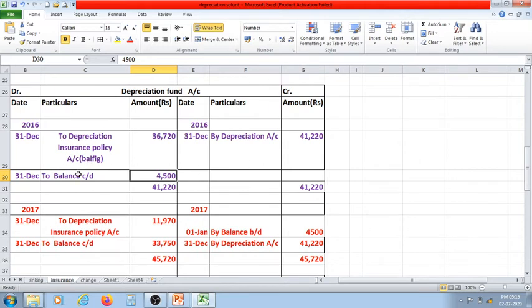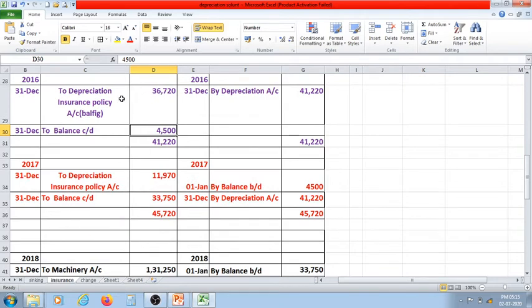So I have mentioned it is a balancing figure, so that you understand how you get 36,720: the depreciation amount minus the surrender value at the end of the first year.